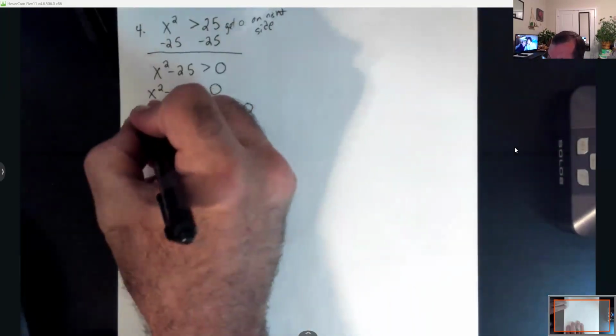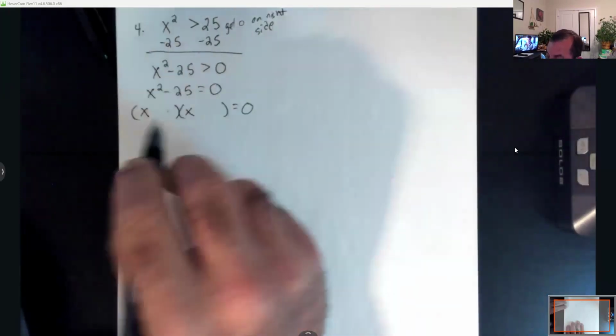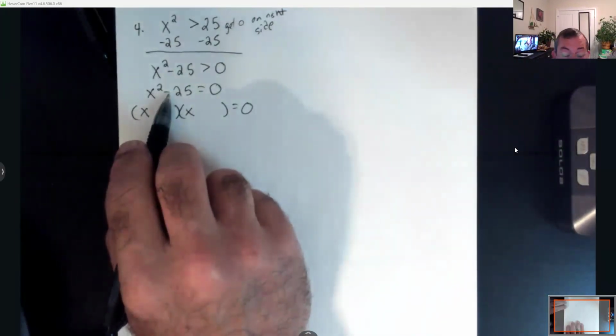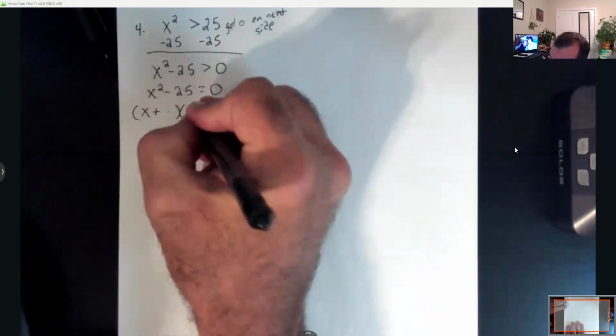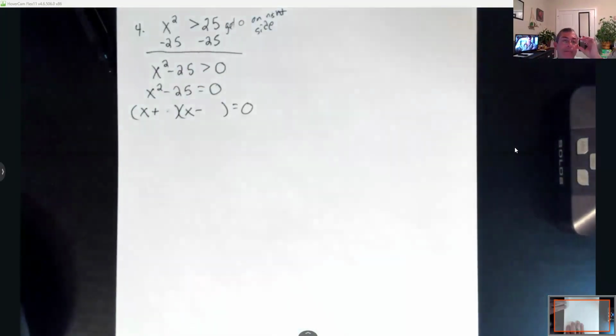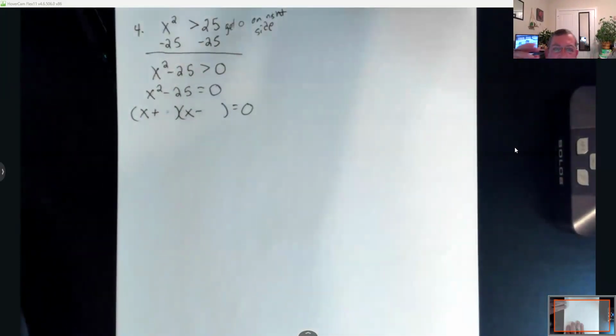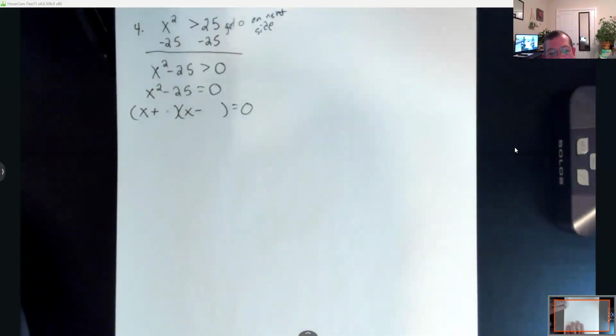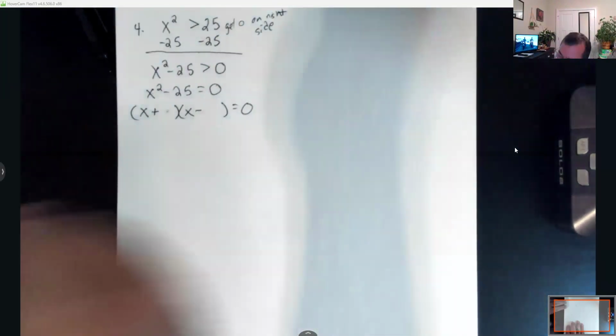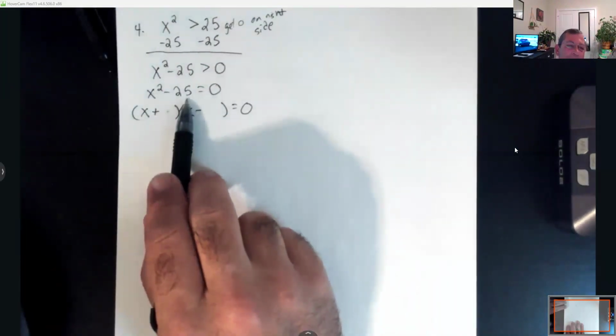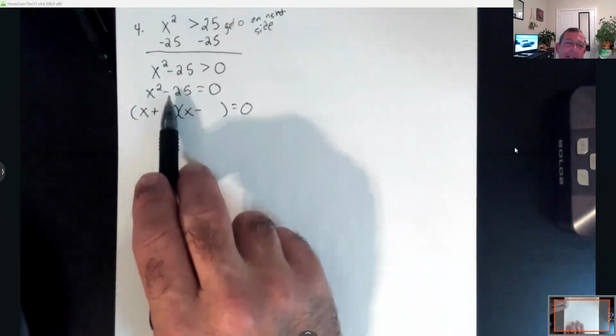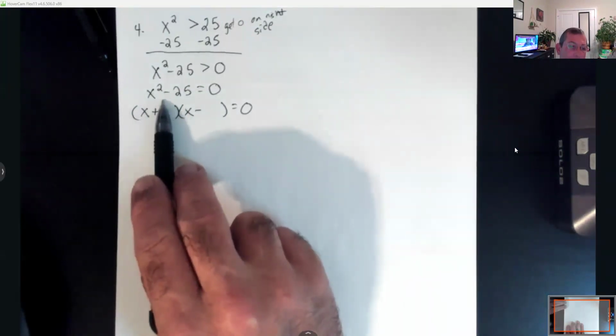So x squared is an x and an x. The last number's negative, so you're going to have a plus and a minus. So since there's not an x in the middle, we treat it like a 0. So I need factors of 25 that'll subtract and give me a 0 since there's no x in the middle.